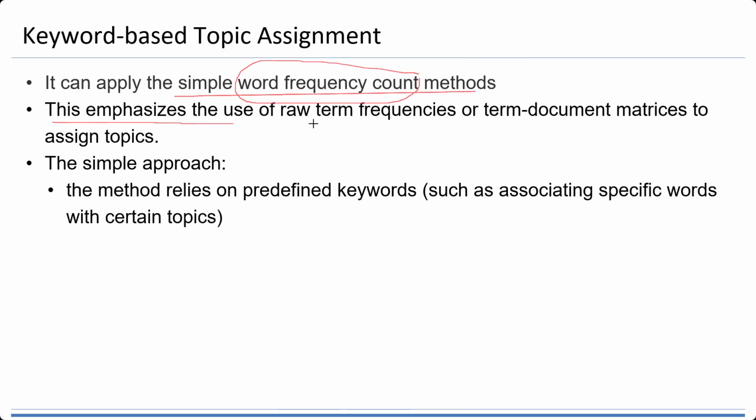This emphasizes the use of raw term frequency. Raw term frequency means we use the term document matrices to assign topics. In this simple approach, the method relies on predefined keywords, such as associating specific words with certain topics. So what does it mean? Let's look at the example.